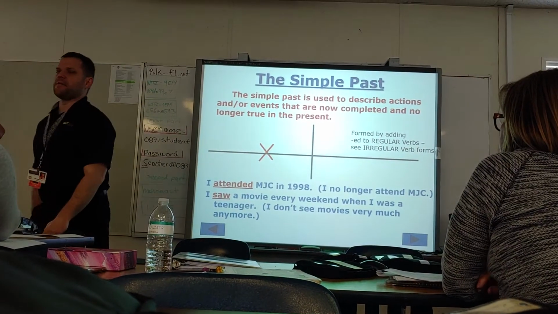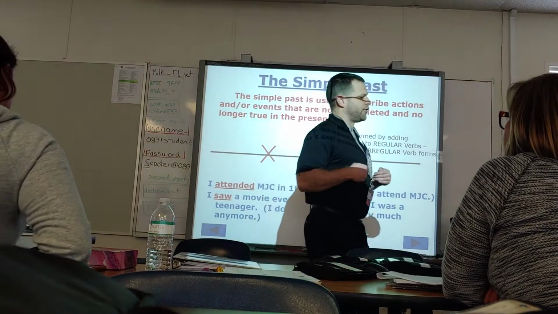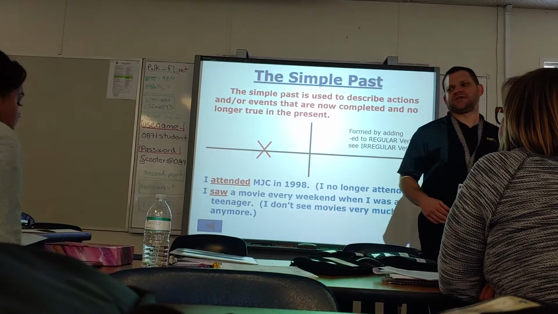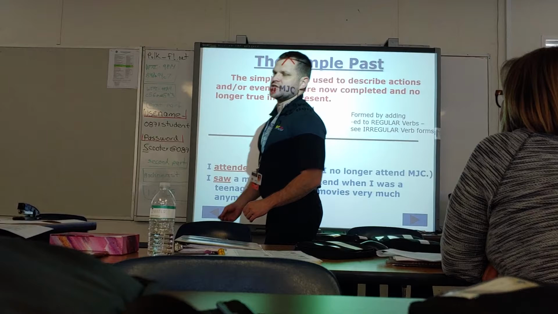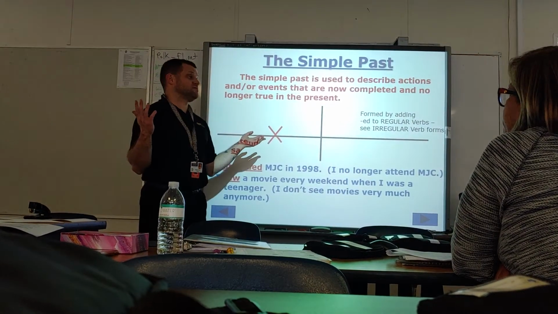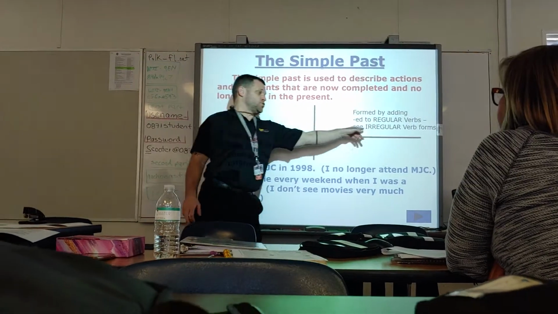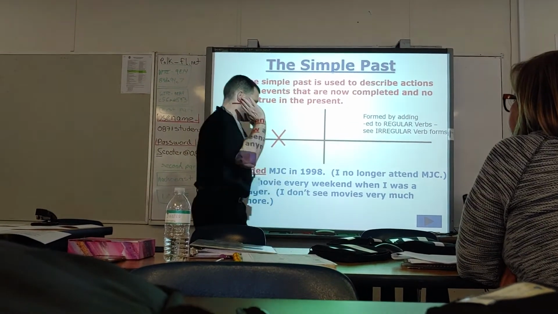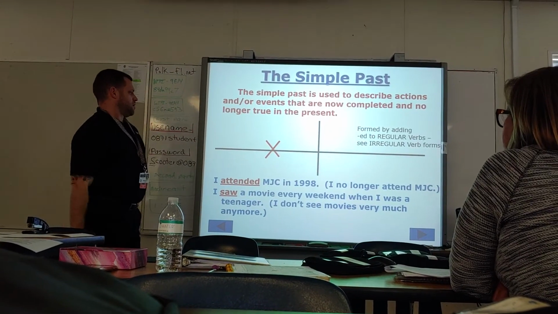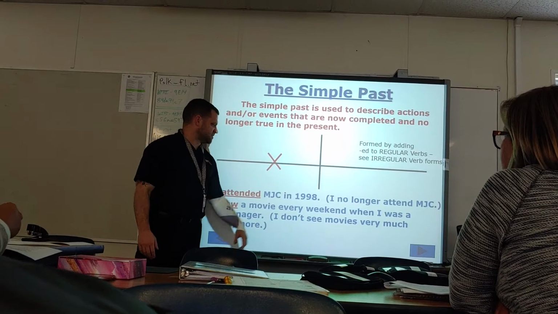Probably the hardest part of the verb tenses is learning irregular verbs and the participle or perfect tense. If I'm saying that wrong, class, I apologize. Okay, you got participle, perfect tense, which is only for irregular verbs. But right here it says, I attended MJC in 1998.